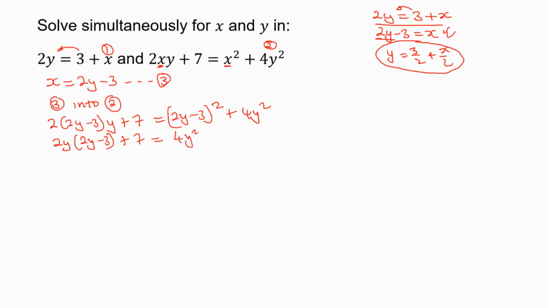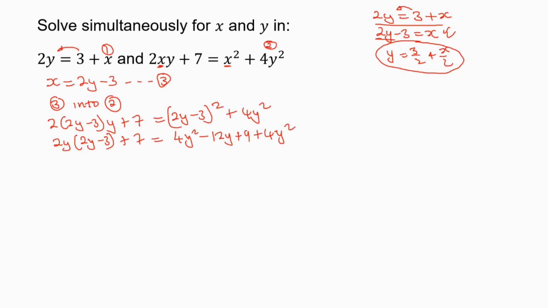Then we take the sign, which is negative here, and then we say 2 times 2y times 3. 2 times 2y is 4y, 4y times 3 is 12. So it's negative 12y here. And the last one is always positive, so it's going to be 3 squared, which is 9. Then plus 4y squared.